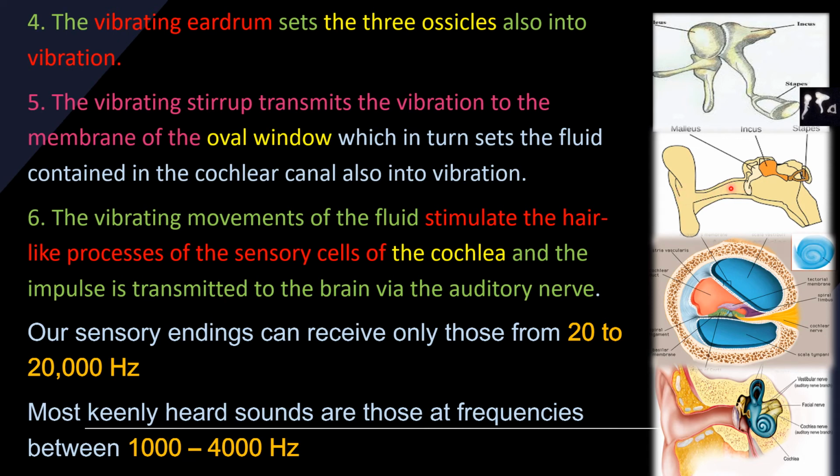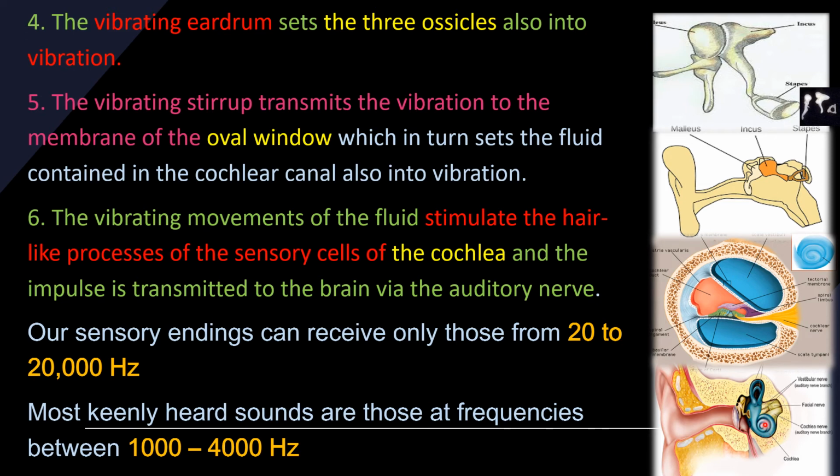Very important point. Then one more important question you have to remember: what are the different structures involved in hearing? Can you say? Yes, that is first the pinna, then the auditory canal, then the eardrum, the three ear ossicles, the oval window, then the cochlea.